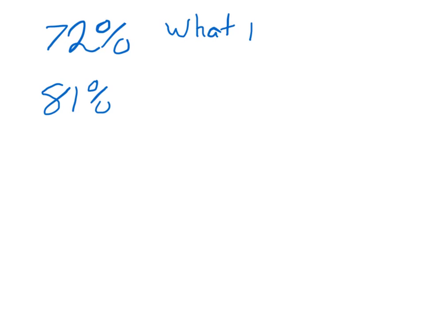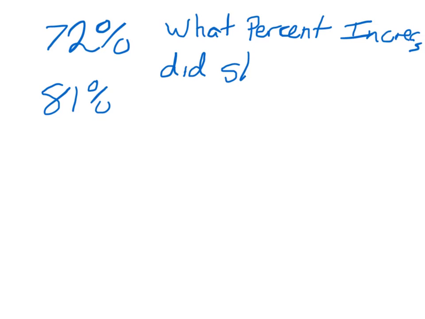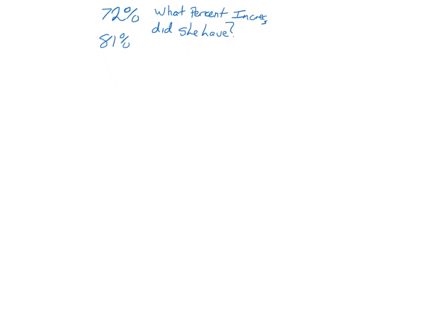What percent increase did she have? Now this by itself is a rough question because it's a little misleading. You'd be first tempted to just go 81 minus 72 and get 9. However, if you said 81 minus 72 equals 9, so she increased by 9%, you're wrong.